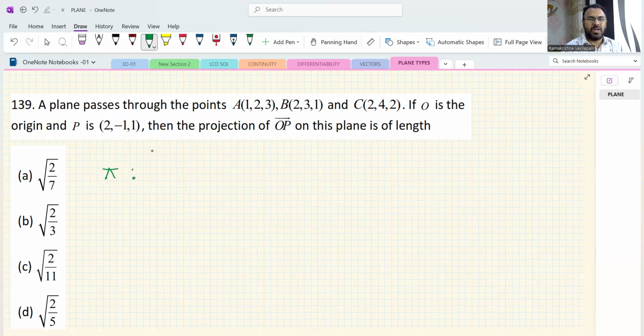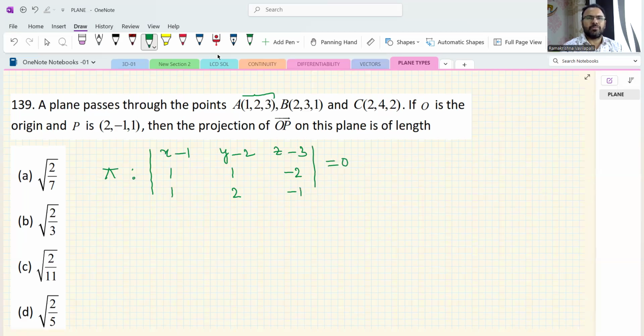Plane. Okay, determinant of x minus 1, y minus 2, z minus 3. I am taking the first point as x1, y1, z1. All are similar questions. Well, b minus a is nothing but 1, 1, minus 2. C minus a is nothing but 1, 2, minus 1.